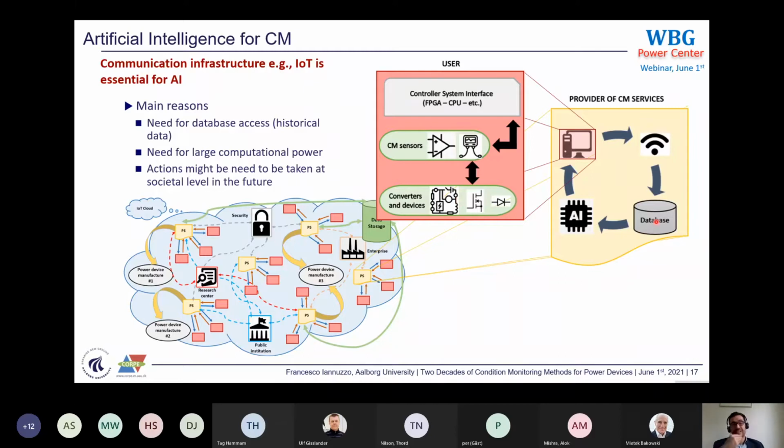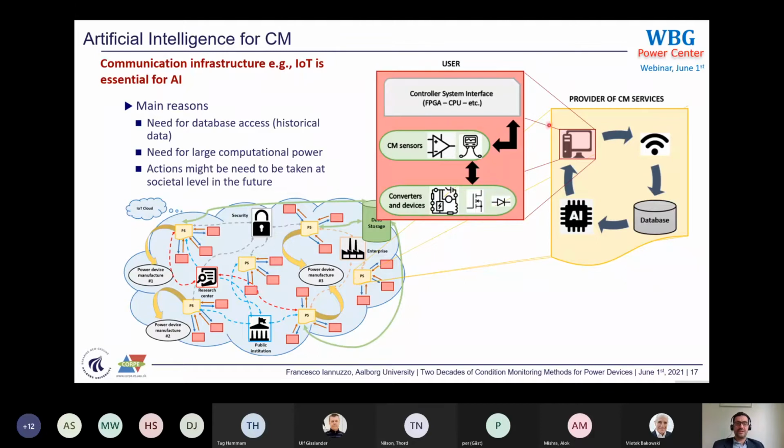You need to work out models. You need to make decisions. This is why you need artificial intelligence. And then that's not enough. Once you have made a decision, you have to go back to your system and take actions, which can be stopping in the worst scenario, but can also be reducing power in case it can bear with it, or something like this. The scenario is even more complicated because you have an external communication infrastructure.